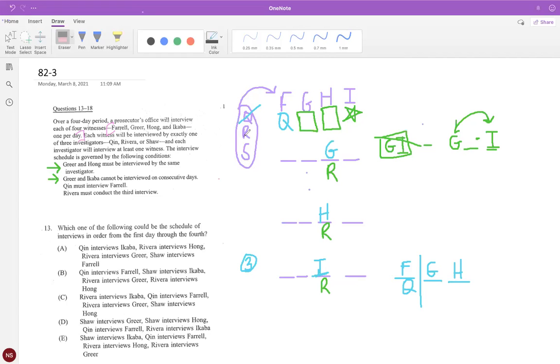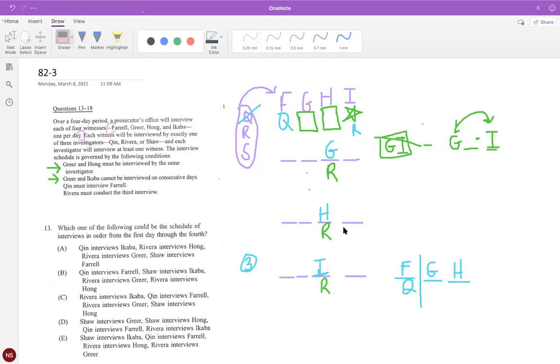Yeah. And they all have to interview at least one person, correct? Yes. So we have R right here right now. I'm just gonna draw it up here for a second. We can't put R here because R would also have to go here, but then S isn't interviewing anybody, right? Okay, I see it.